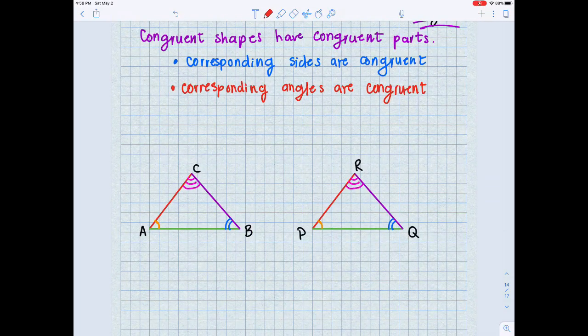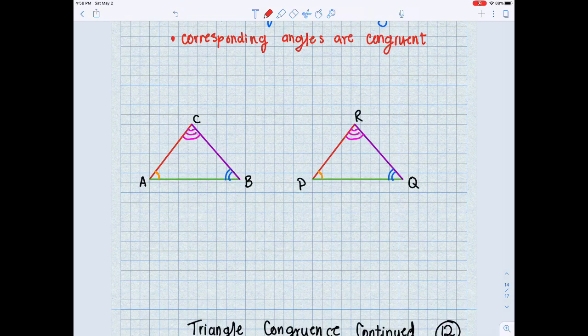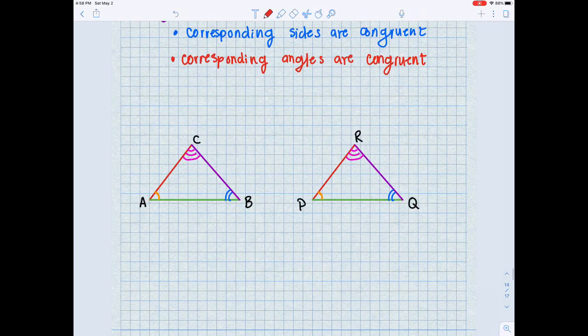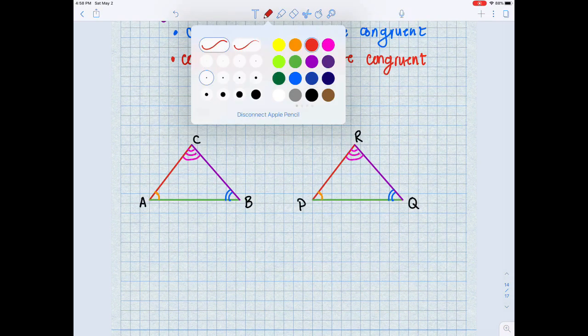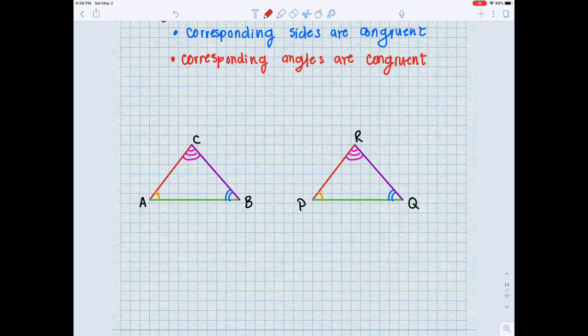Okay, so let's take a look at this example of triangles here. I have two triangles and I color-coded all of the corresponding parts. So what I would like you to do is go ahead and write congruent statements here, writing out what parts are congruent to what parts. So, for example, in red, I have the side AC, which I write like this.